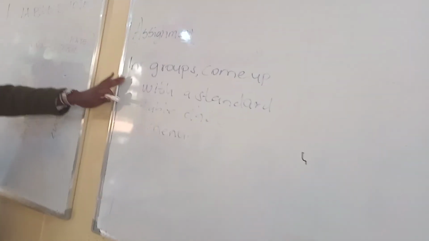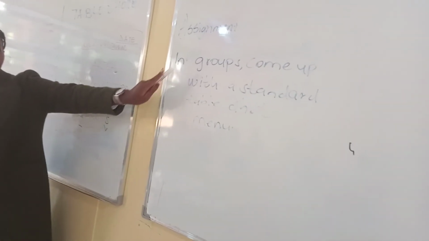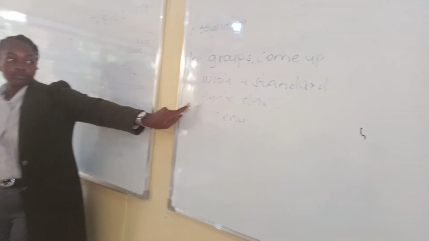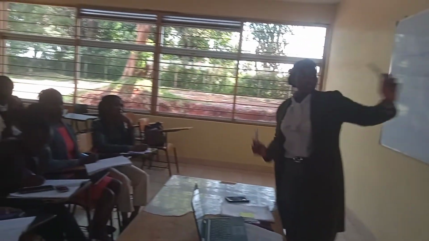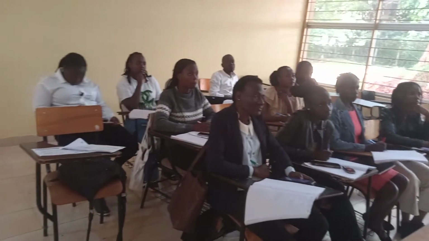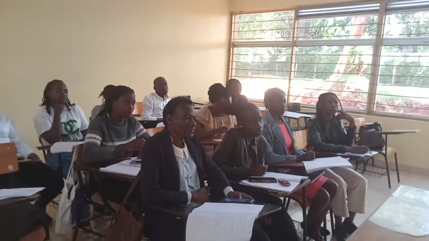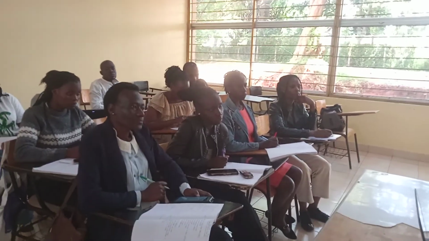In groups, come up with a standardized table d'hôte menu. Exactly. So in groups, make sure you draw a standard menu. Now help me write: write one starter, write the main meal, protein, starch, and vitamin, then the dessert, and finish off with coffee. I hope you have understood something.